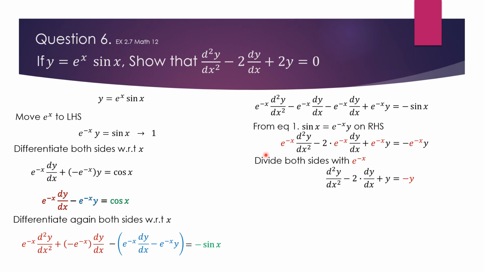So eliminating the e power minus x and writing this as d2y over dx square minus 2 dy by dx plus y is equal to minus y. Moving this minus y on the right hand side to the left will make it d2y over dx square minus 2 dy by dx plus 2y equal to 0. That is your required proof, and it is proved here.